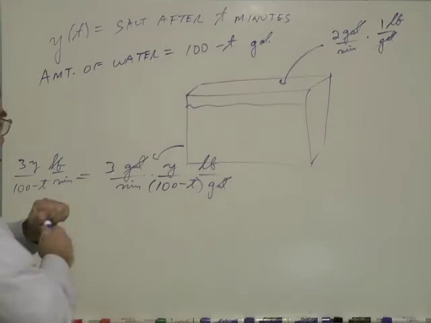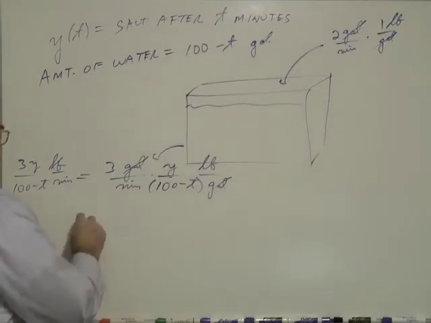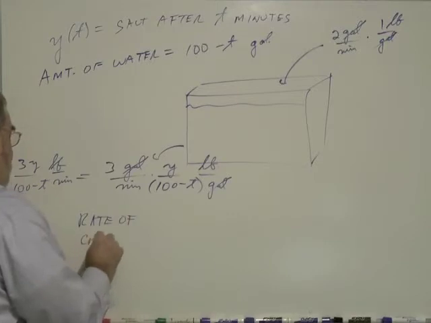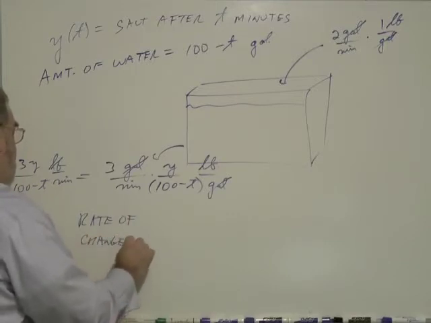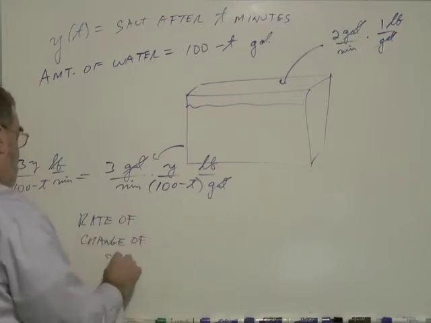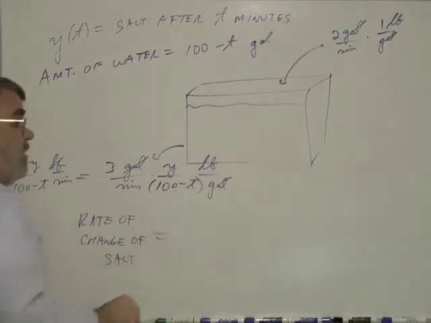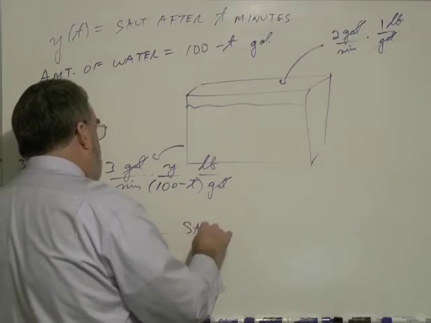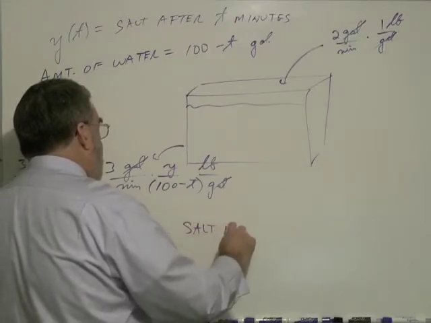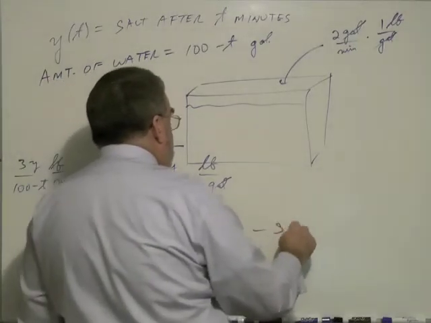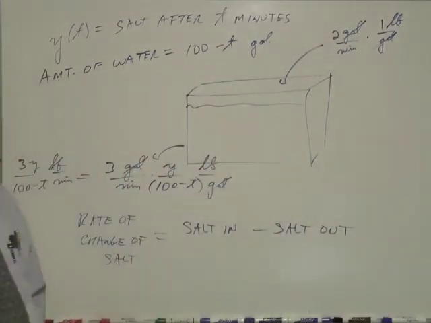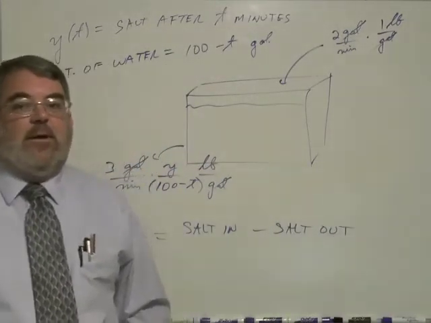So you might think of it this way. The rate of change of salt will equal the salt coming in minus the amount of salt going out. Remember, this is a rate of change.